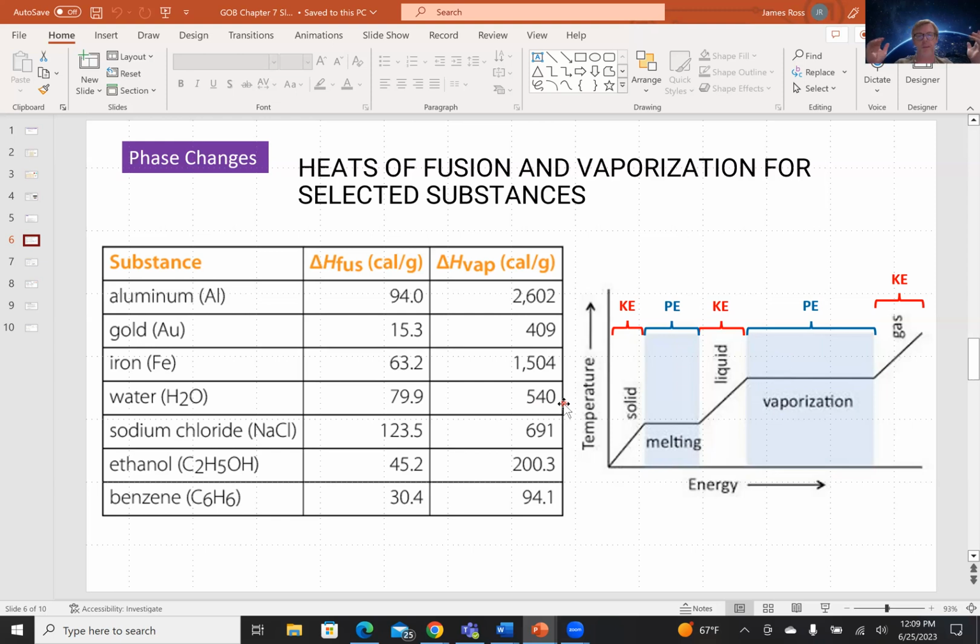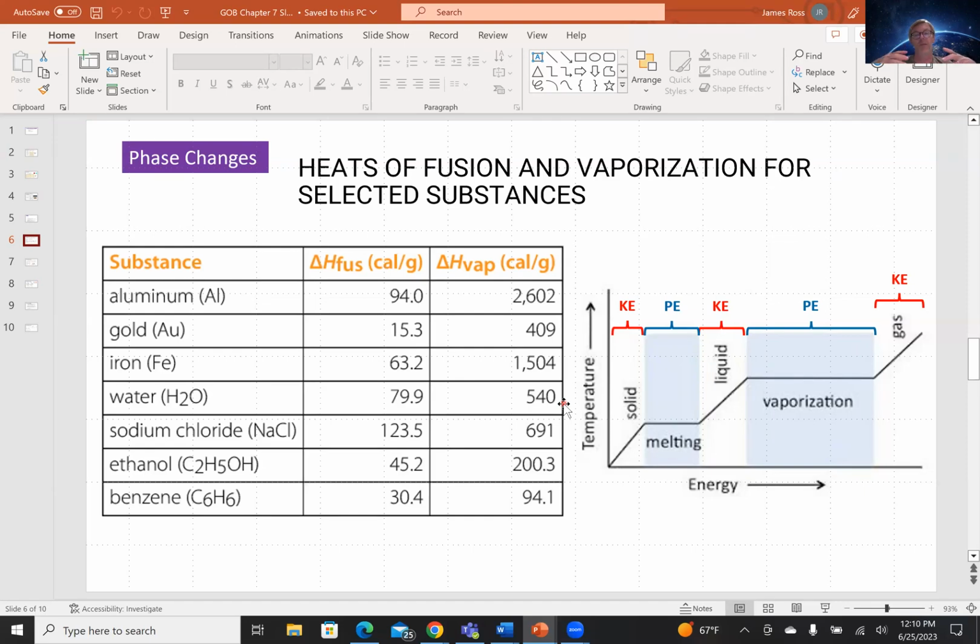So why is that the case? Well, to melt, we just have to increase the kinetic energy enough so that we can overcome the intermolecular forces binding the solid together, so that the molecules can slip past each other in the liquid.